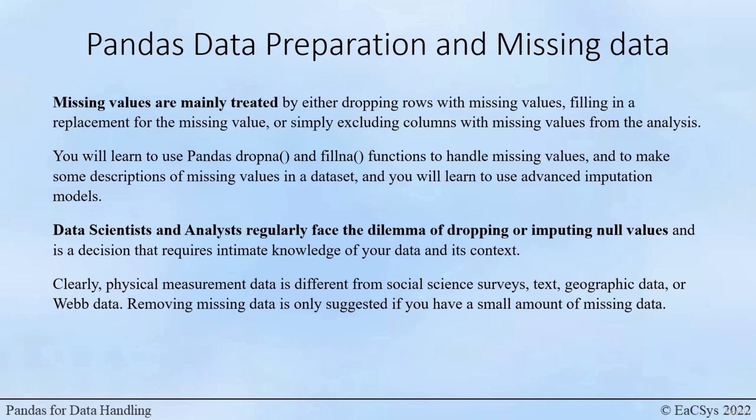And clearly, physical measurement data from digital systems are different from social science data, geographic data, web data, real-time data, historic data, estimated data, predicted future data. And there are so many applications and so much data that you have to study each case individually from general guidelines.